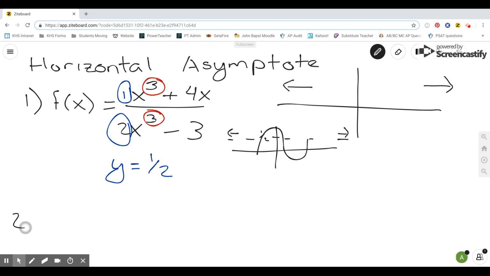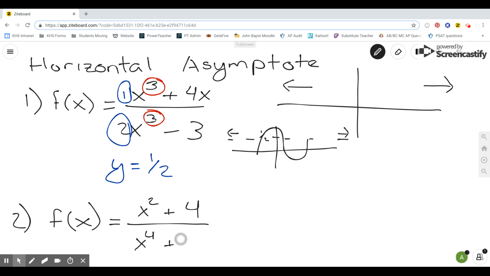Now, your second scenario: maybe your leading term in the denominator has a greater degree. So let's say you have x squared plus 4, and then in your denominator we have x to the 4th plus 3x minus 2. All right, so that's our function. Again, think about this as end behavior.